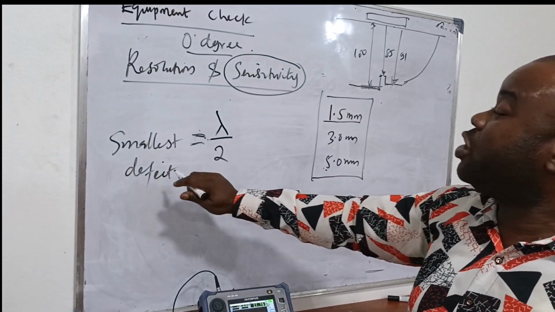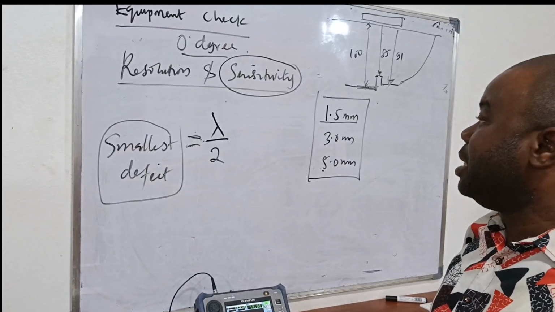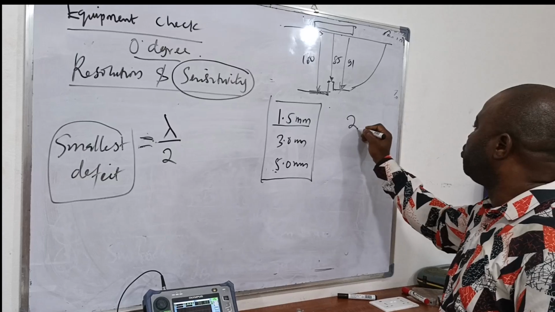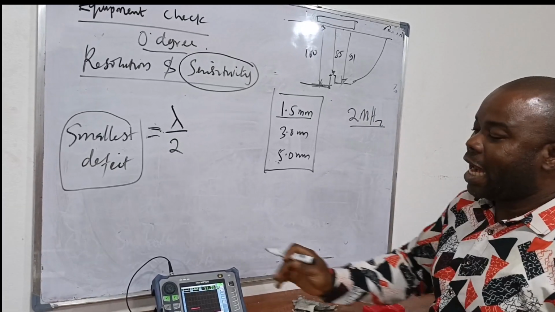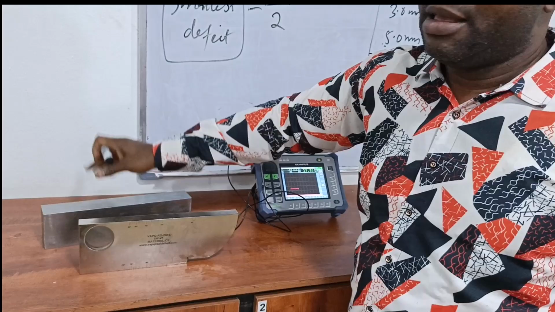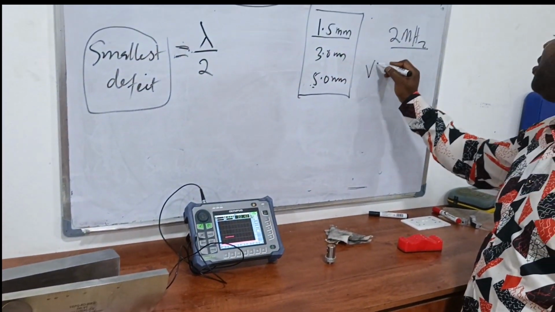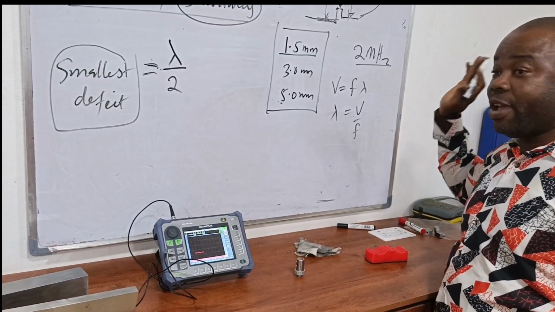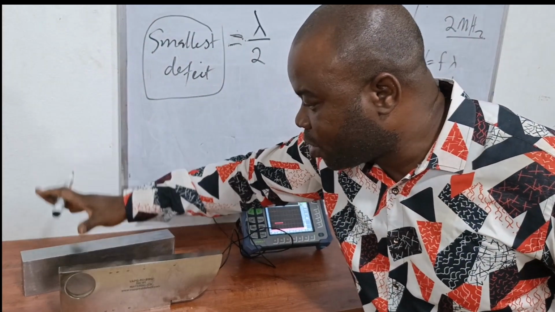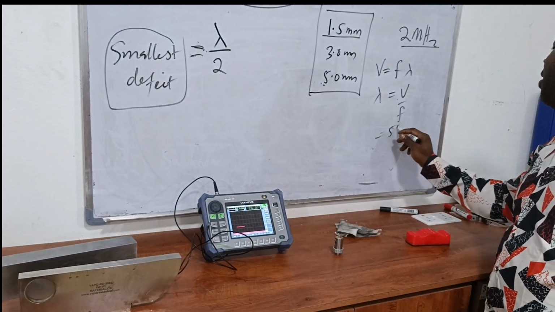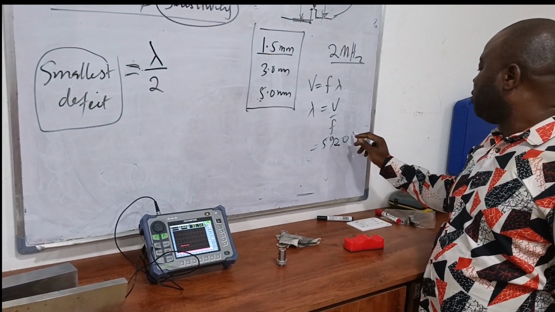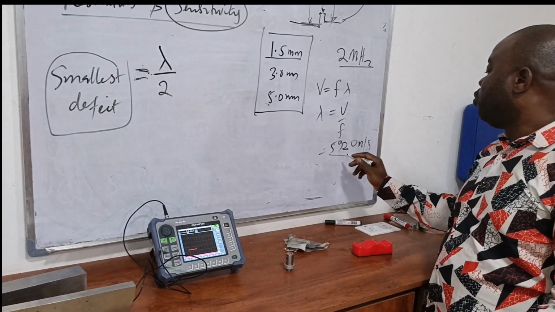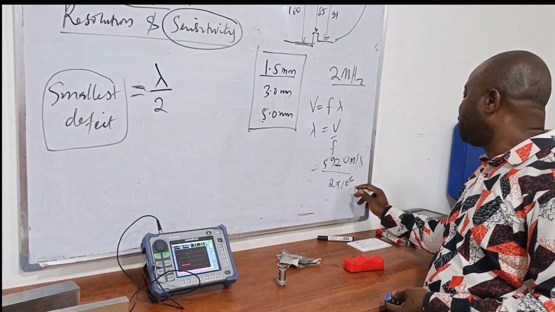We already know that the smallest defect that any probe can catch determines the sensitivity. So if I have a 2 megahertz probe, and I'm going to work on a carbon steel material, we know that velocity V is F lambda, which means lambda becomes velocity over F. We already know the velocity for steel, normally, which will be 5920 meters per second, and your frequency for this one is 2 megahertz, which is 2 times 10 to the power 6.